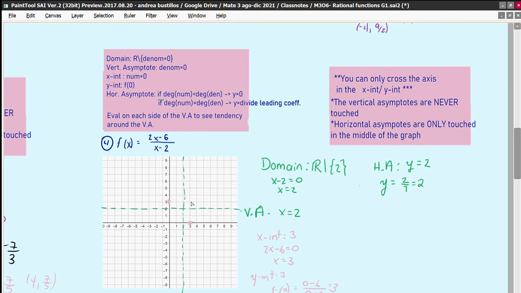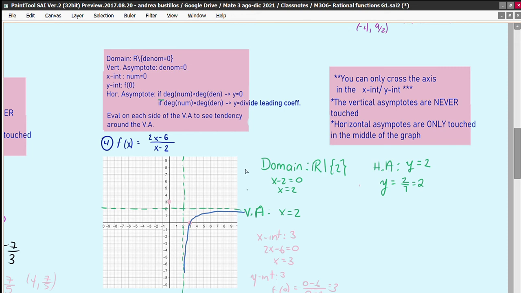And at 3, we have an x-intercept, meaning our function is going to cross through here. Because I know it's going to cross through here, and we know that asymptotes attract the graph, the only way for my graph to go is to minus infinity and get close to the horizontal asymptote and never cross it.